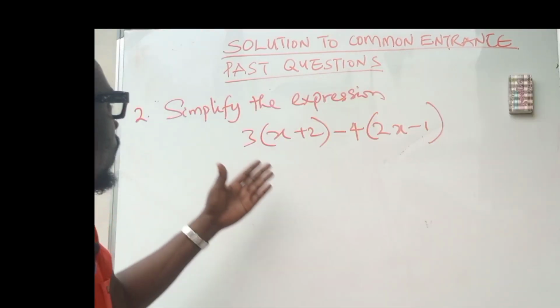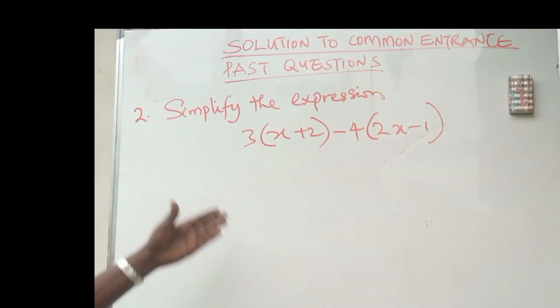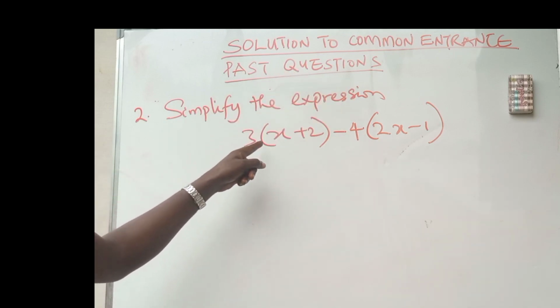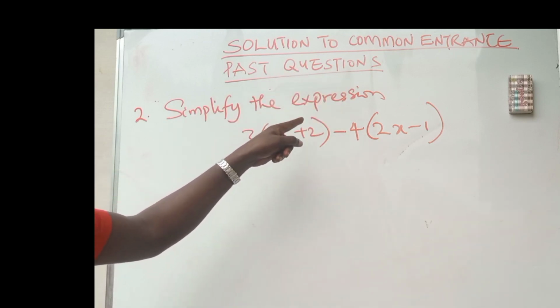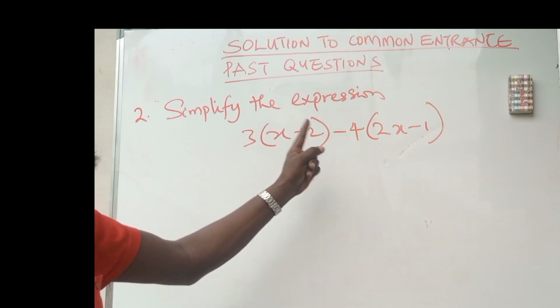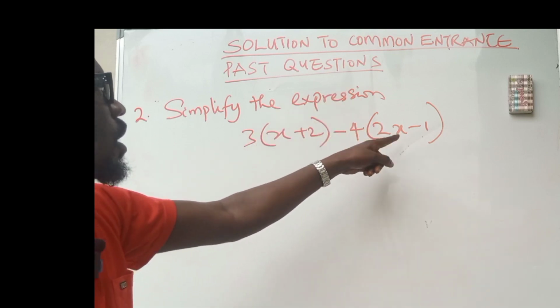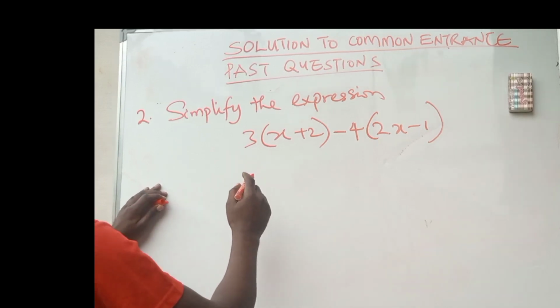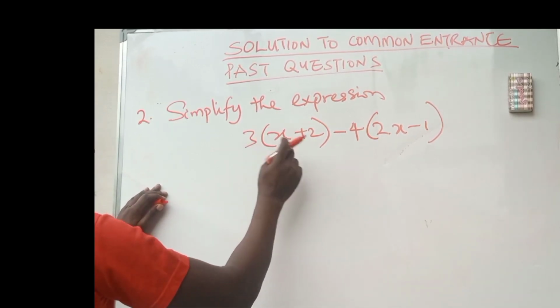Yeah, we have another question here which says simplify the expression 3 into open the bracket x plus 2 close the bracket minus 4 open the bracket 2x minus 1 close the bracket. It's a very simple one. How are you going to tackle this? As you all know, anything bracket means multiplication.